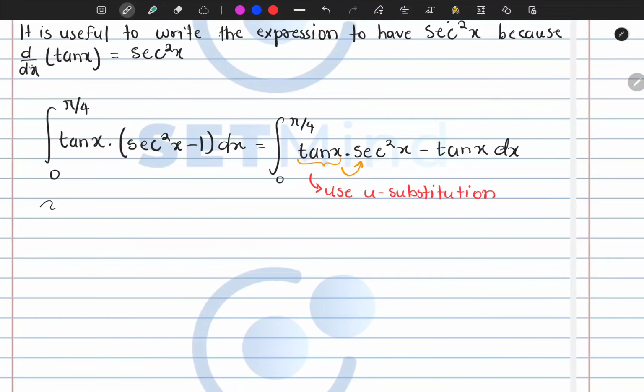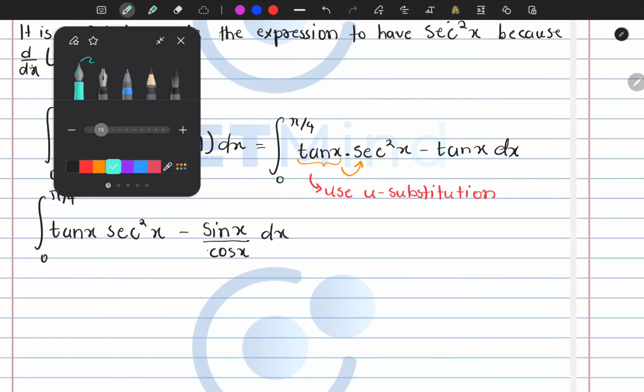For the second tan, I want to write it in terms of cosine and sine. So I'm going to write it as minus the integral of sine x over cos x dx.